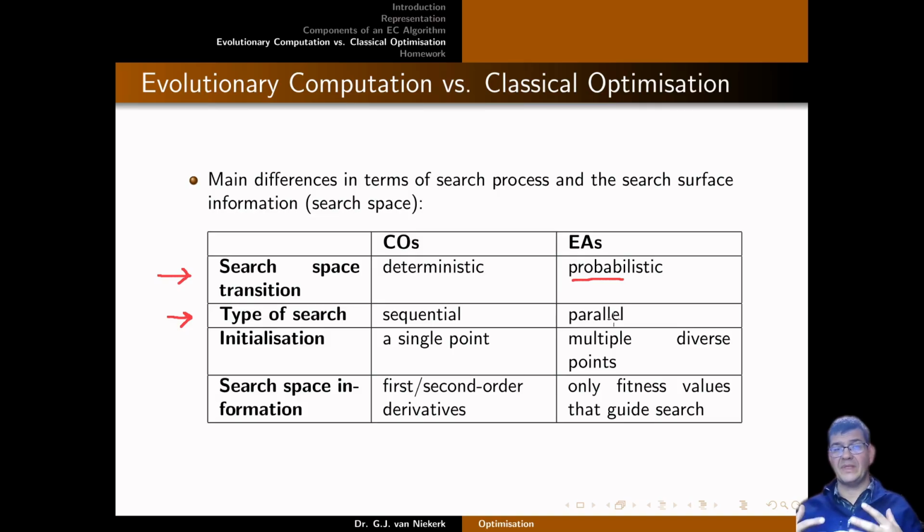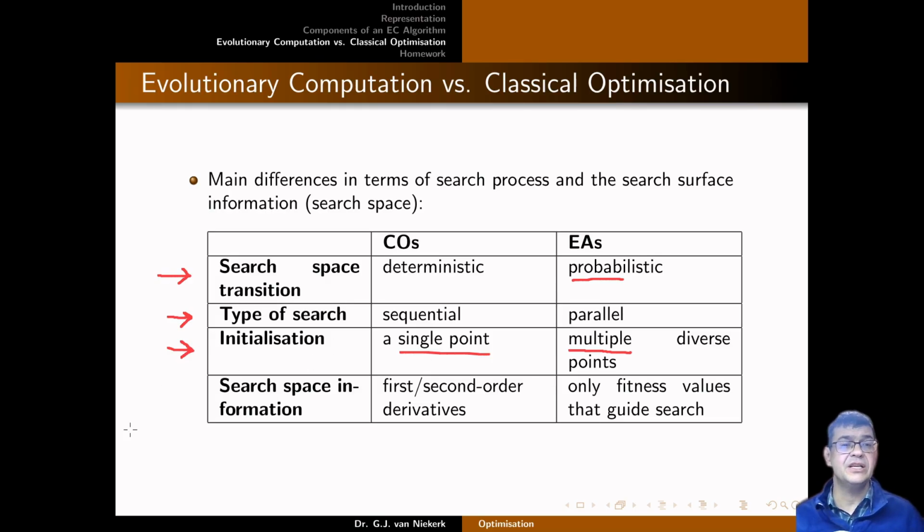But that's the whole nature of how EAs work. Initialization is also different. With classic optimization, typically a single point, you start at the problem and then you move towards a solution. So there's a single point where you start. But with EAs, you've got multiple diverse points. Remember, your initialization phase is initialized to all kinds of random points, and that's the difference.